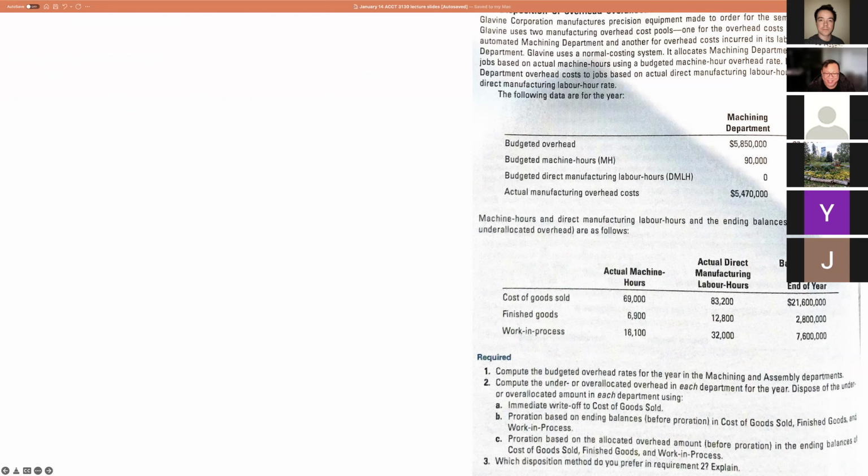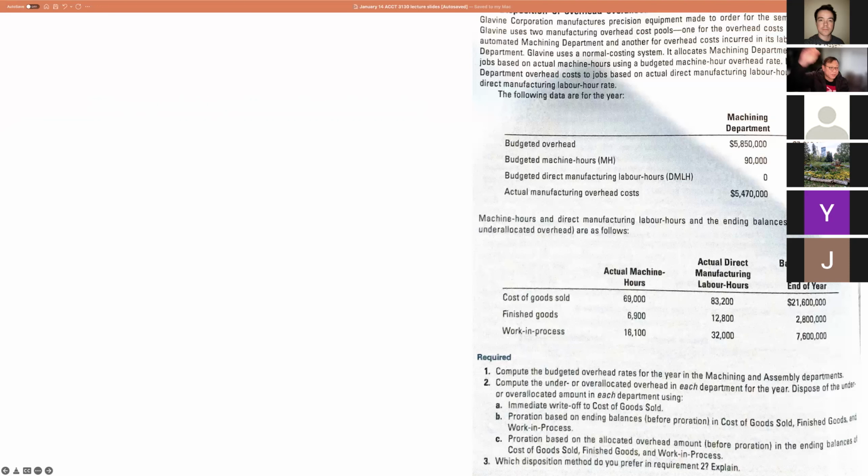But I think you have to be consistent. You are absolutely right, A is very easy. You don't have to do calculation, just dump everything into cost of goods sold. B and C involve more calculations. Which one is more accurate? The idea is C, because it's based on the relative allocated overhead, so that is more accurate in terms of calculating the proportion.